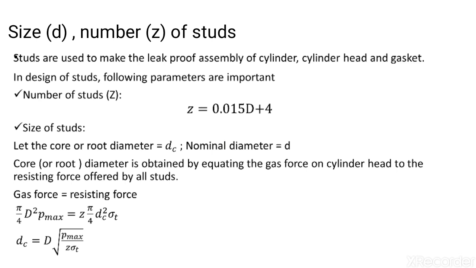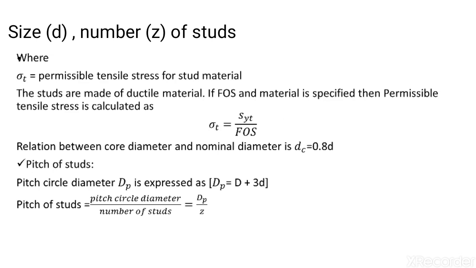Gas force is given by pi by 4 capital D square P_max, equal to resisting force, given by small z pi by 4 d_c square sigma_t. Core or root diameter is calculated by the following relation: d_c equal to capital D square root of P_max divided by small z into sigma_t, where sigma_t is the permissible tensile stress for stud material. The studs are made of ductile material.